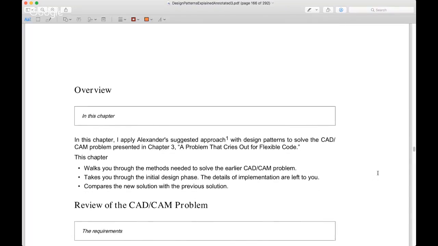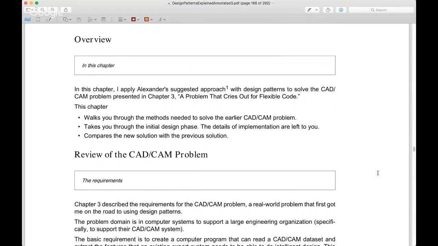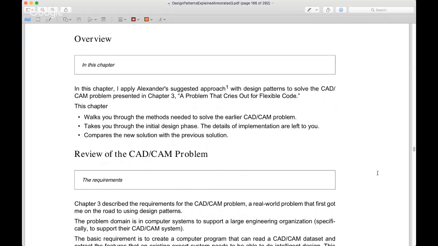Okay, so what we're doing here is the author is lifting up our traditional sense of design patterns as used by the Gang of Four.